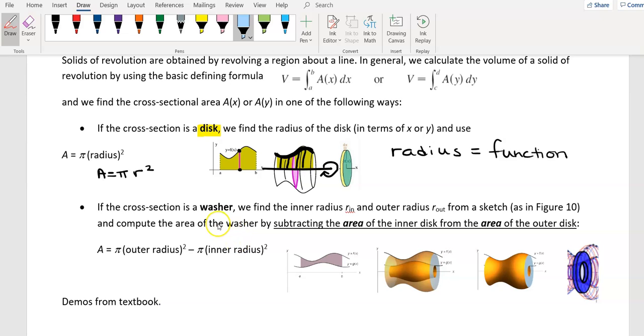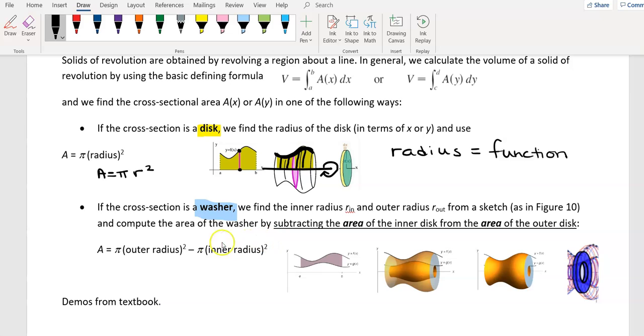If the solid of revolution has a hole in the middle, the cross section would be considered a washer. To find the volume of this solid of revolution, we will need to find the inner radius and the outer radius and compute the area of the washer by subtracting the area of the inner disk from the area of the outer disk.